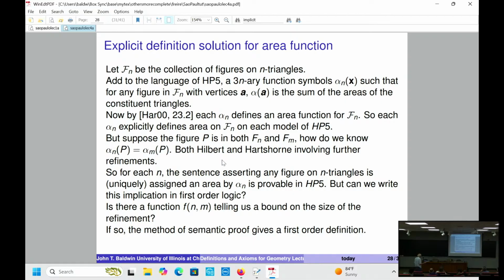And then you have this problem. Suppose you have a figure P that's in both F_n and F_m. How do you know that alpha n of it is equal to alpha m of it?